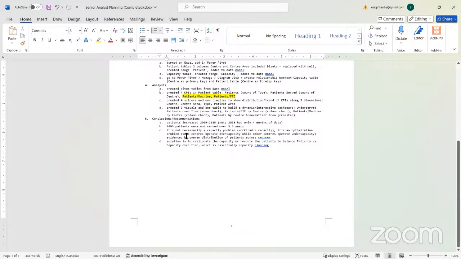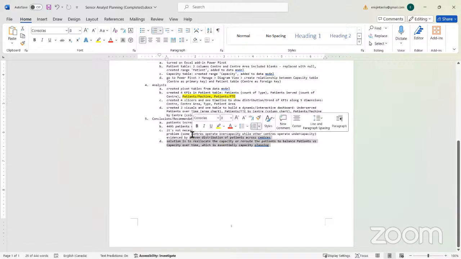It's an optimization problem. Some centers operate over capacity while other centers operate under capacity, evidenced by uneven distribution of patients across centers. So the solution is to reallocate the capacity or reroute the patients to balance patients versus capacity over time, which is essentially my job, capacity planning, right?